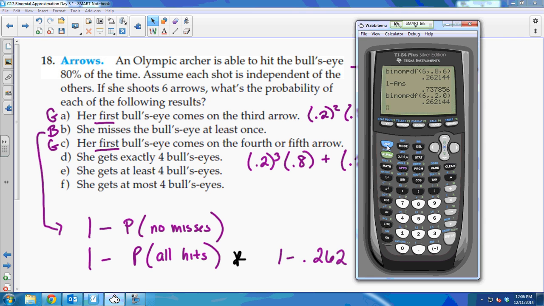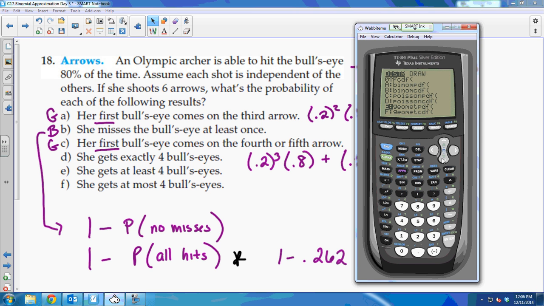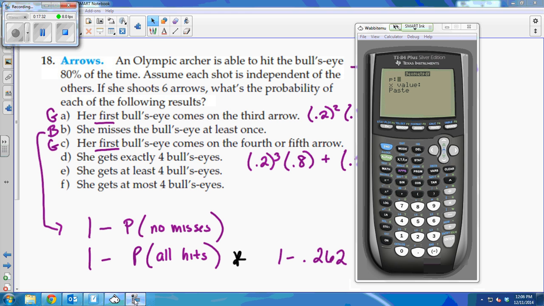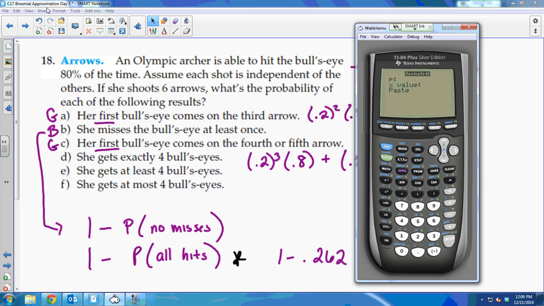So, second distribution, geometric PDF. We have 0.8 as our probability of getting a bullseye, and we want to get it on the 4th time, and then I add together the fact that I get it on the 5th time.